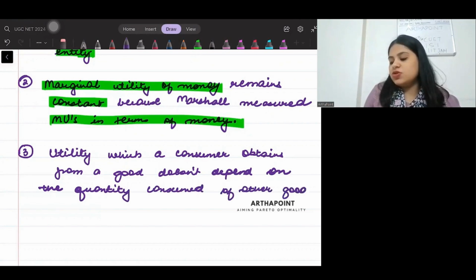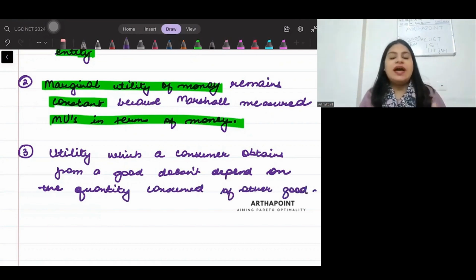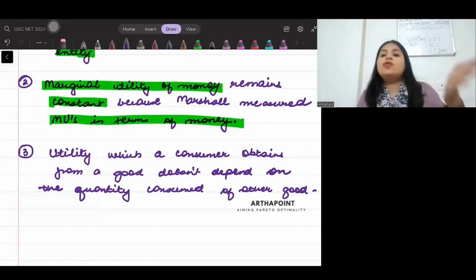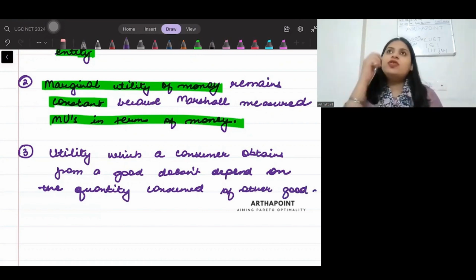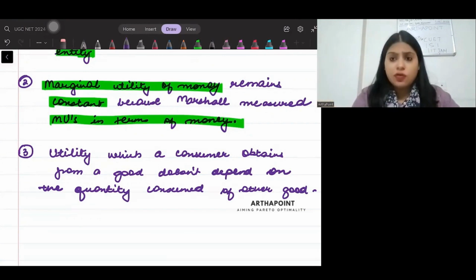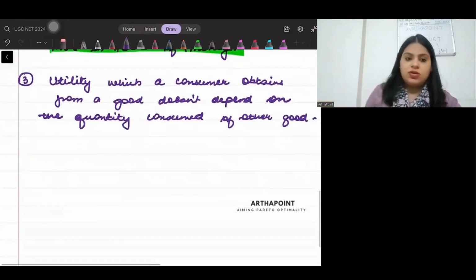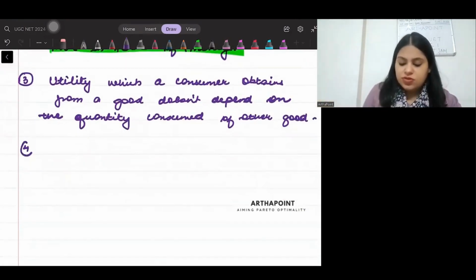This is the third assumption, that what utility I get from the first good, it is not affected by utility from second good. So I cannot say that utility from TV is affected by utility from table. They are independent of each other. That's the third assumption. And fourth assumption.